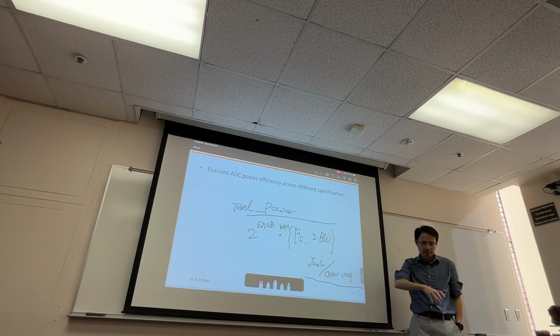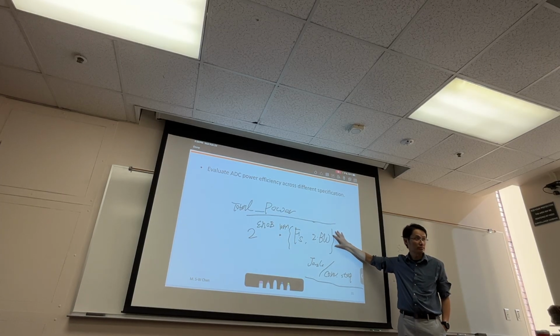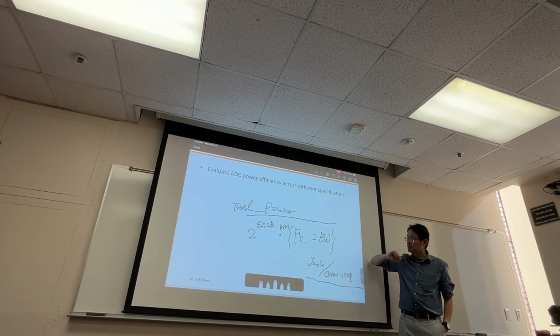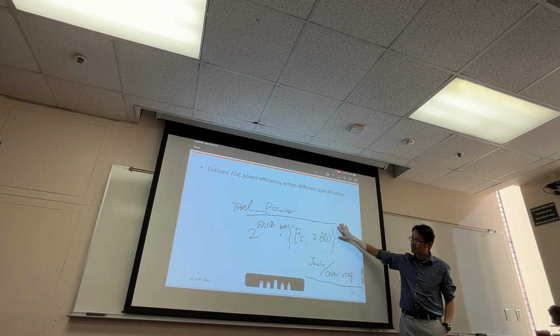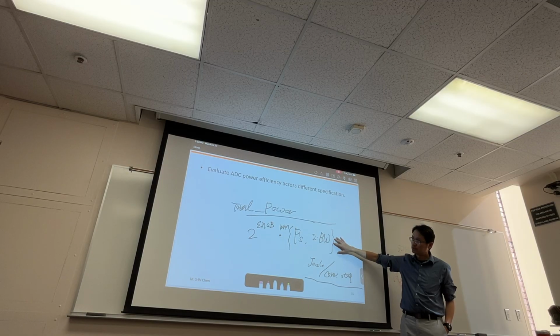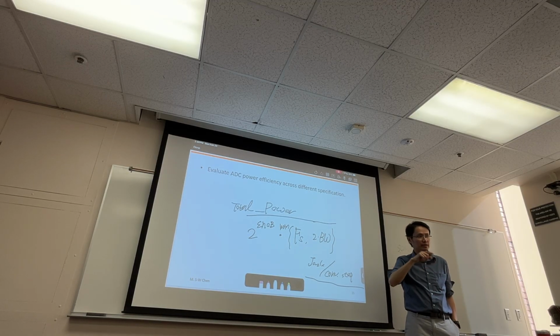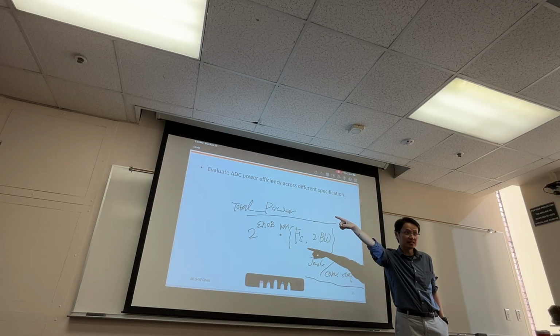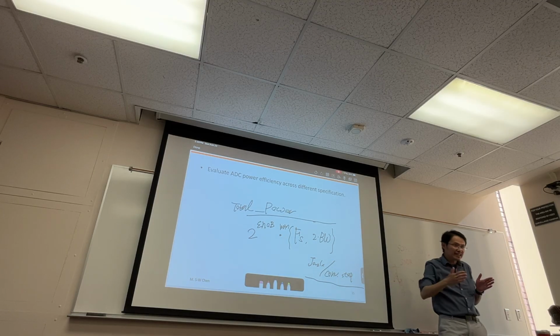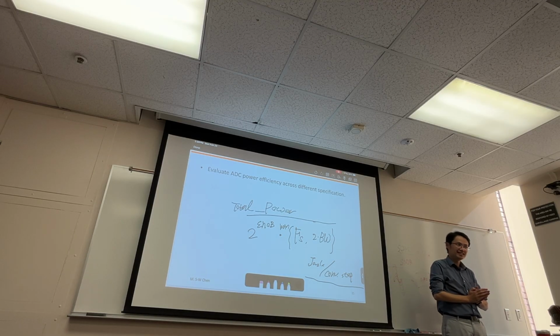However, as people start to develop all kinds of different ADCs at different speeds and resolutions, people start to realize the deficiency of this metric. Basically, the difficulty is that, yes, I understand that you normalize to this number, but how do you fairly compare somebody designing a 10 gigasample per second ADC versus a 1 kilosample per second ADC?